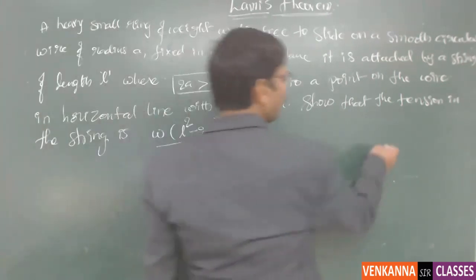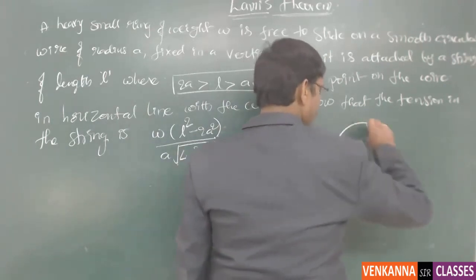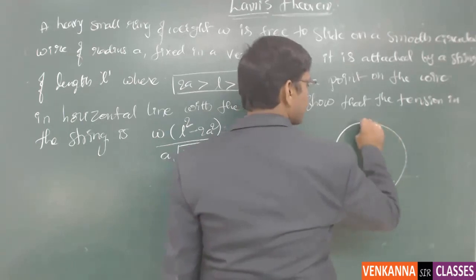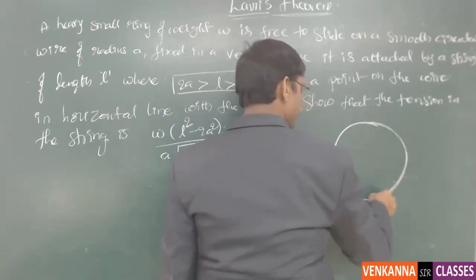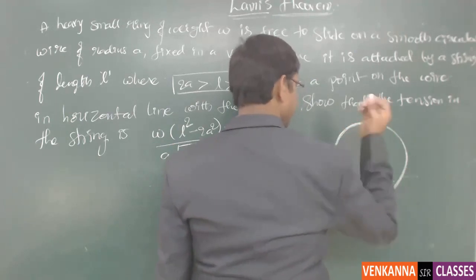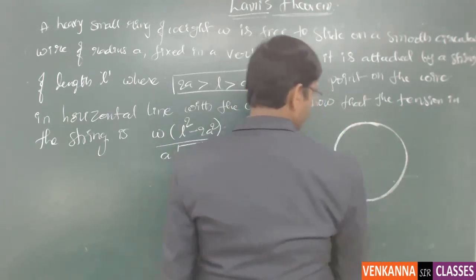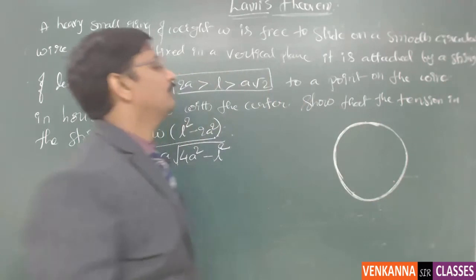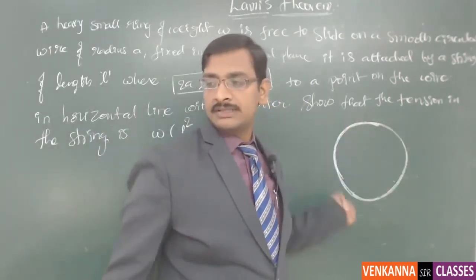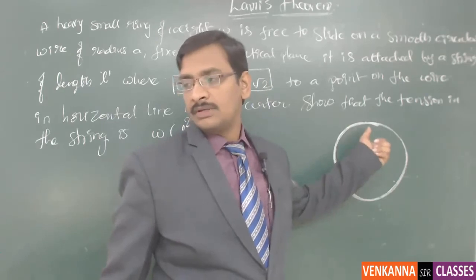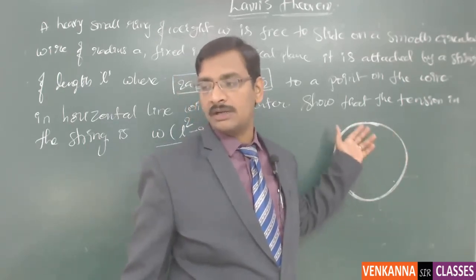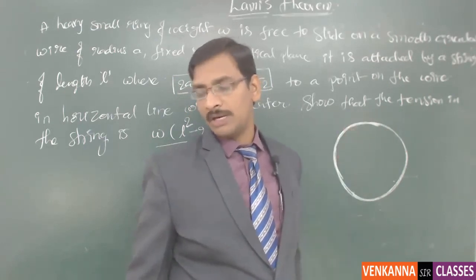First we will draw a vertical circle like this. So this is the vertical circle. Now on this there is a ring that is sliding like this, right? It is free to slide, that means it may slide or it may not slide. Now this is under equilibrium condition.